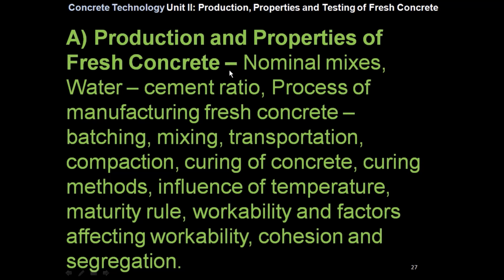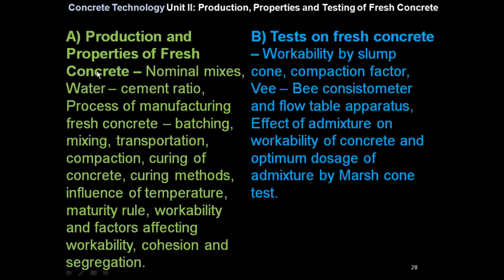It includes nominal mix, water cement ratio, process of manufacturing fresh concrete, batching, mixing, transportation, compaction, curing of concrete, curing methods, influence of temperature, maturity rule, workability and factors affecting workability, cohesion and segregation.